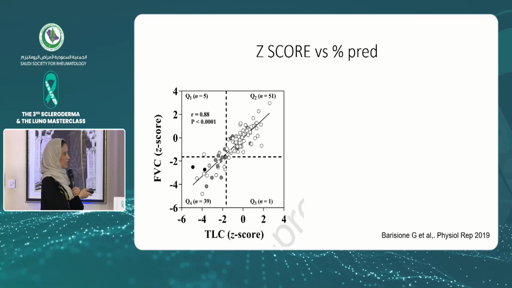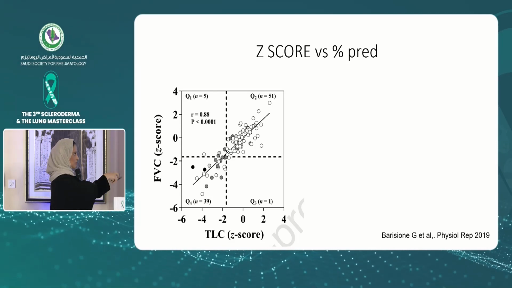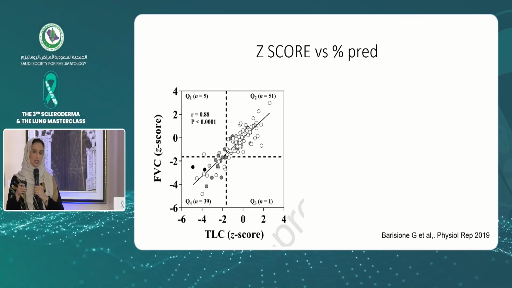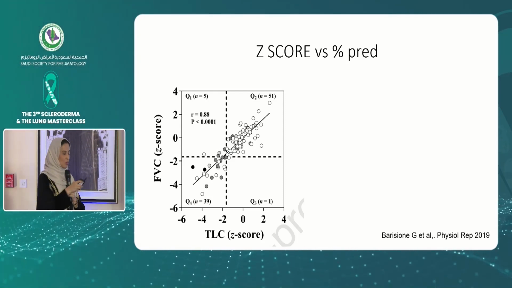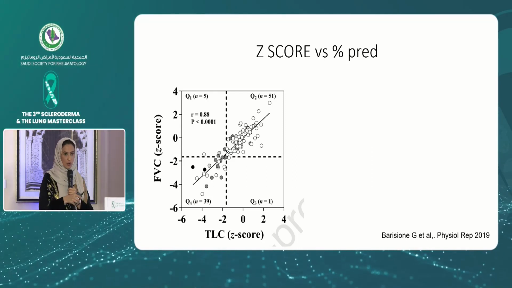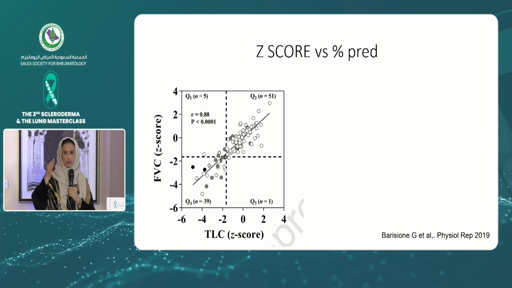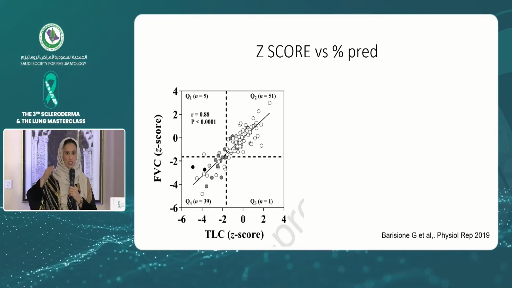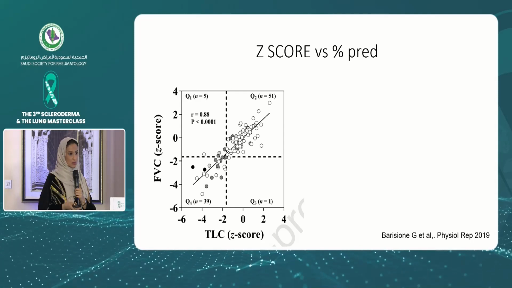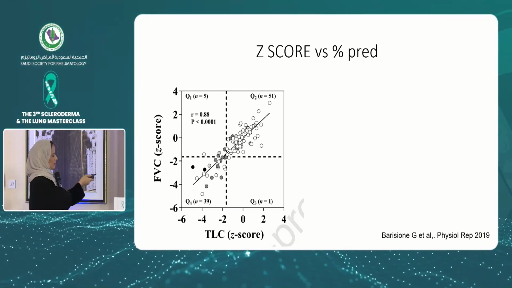Dark gray is PAH, and the black is the combination of ILD and PAH. The end result for this graph is a specificity that reached 100% when they calculated the Z-score of FVC and TLCO in finding lung fibrosis. And they used the cutoff, as I mentioned, of 1.64, which is equivalent to less than 80%, the number that we're currently using for grading of severity.